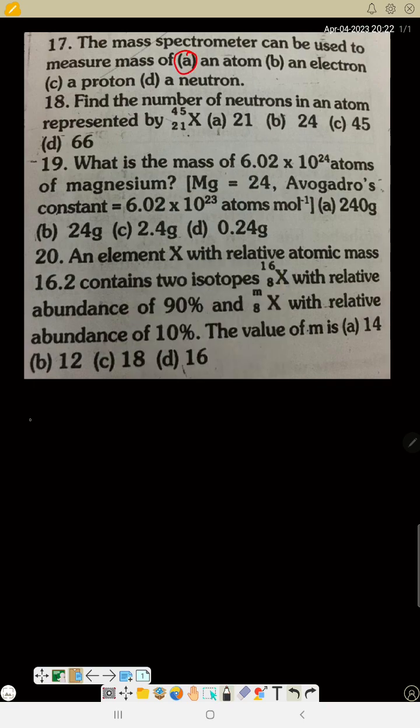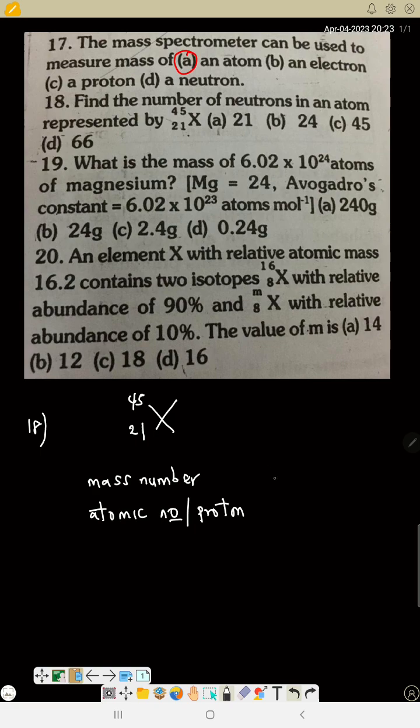Now for number 18. Find the number of neutrons in an atom represented by X, 45 and 21. Take notes of this. So this is the mass number, and this is the atomic number, or proton.